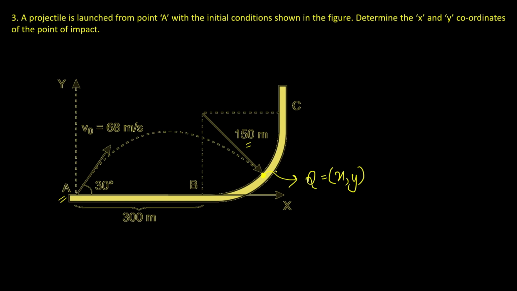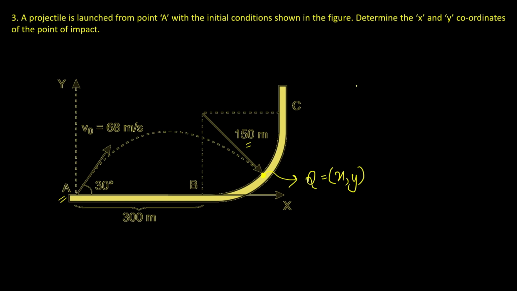When you need to find a point of intersection between two different curves, then at that point the x and y coordinates of both the curves must be equal, and that is the concept we are going to use over here. So let me write the equation of the circle and the equation of the trajectory of the projectile.